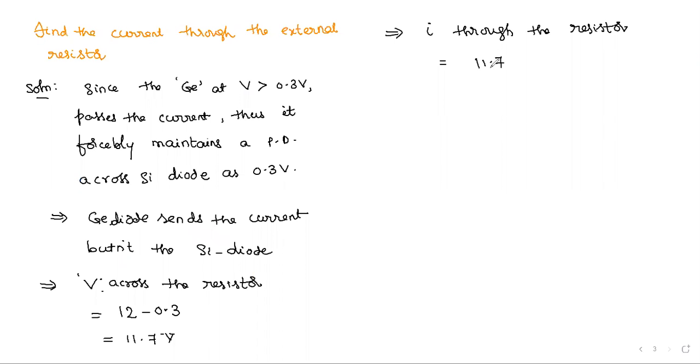So 11.7 by 5 kilo, meaning 10 power 3 ohms. 2.52 milli... 5 2s are 17, this is not 12.3. Okay, 5 2s are 10, 17, 5 3s are 15, 20, 2.34 milliamperes. Is my calculation correct or wrong? Correct, sir.